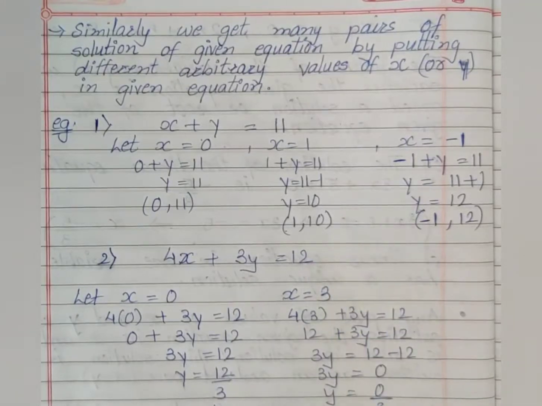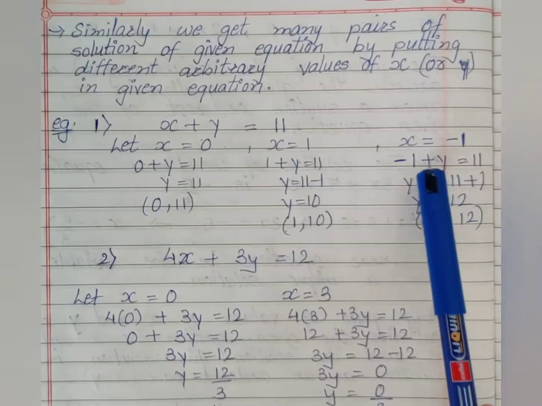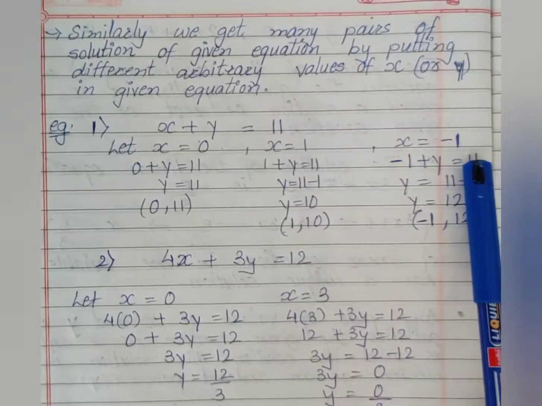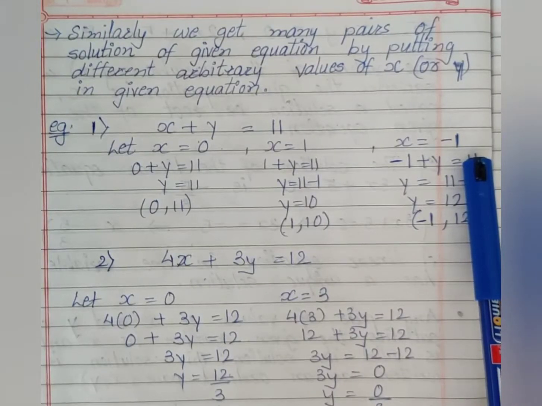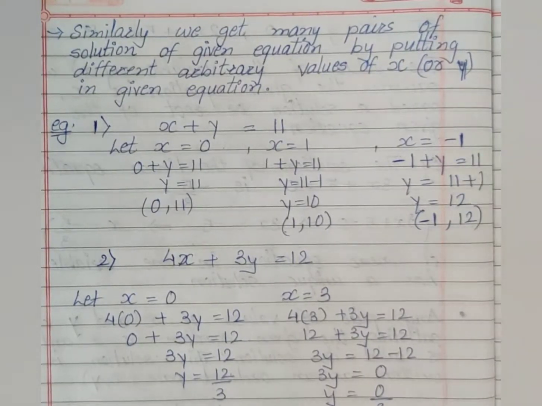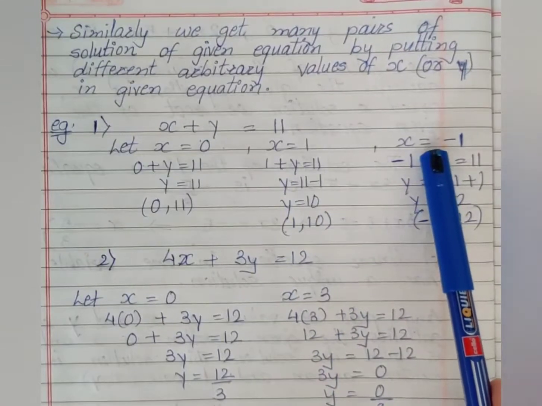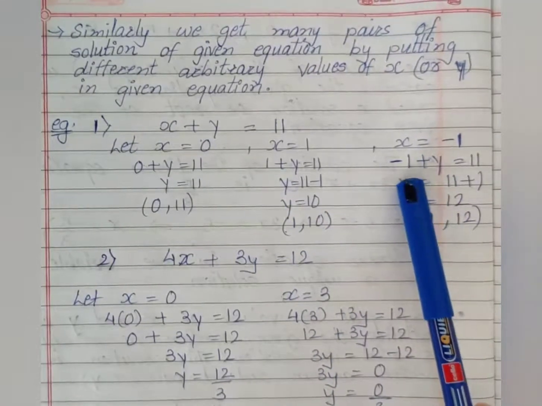For finding out a further pair, let's suppose the value of x equal to minus 1. It is not necessary that you select the value of x in natural numbers only, positive values only. You can select as per the requirement of the given equation. Here, we take the value of x as minus 1 in the given equation.